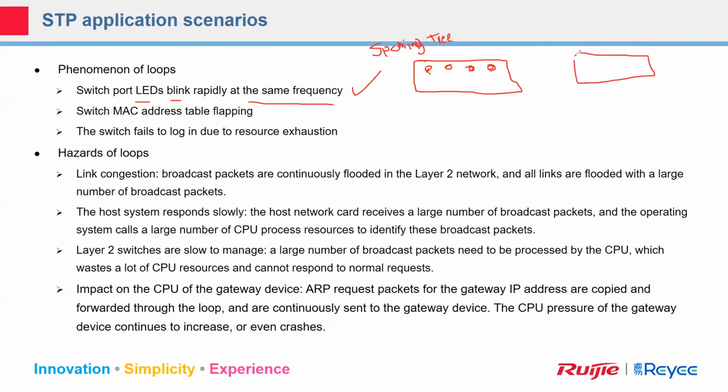Well, if no one knows about the spanning tree, let's take just 5 minutes explaining why we need the spanning tree. Let's say this is switch 1, switch 2, switch 3. They are all connected to each other. Let me draw that again.